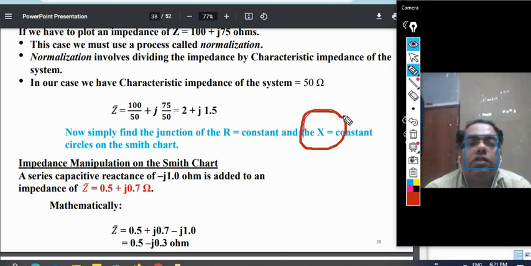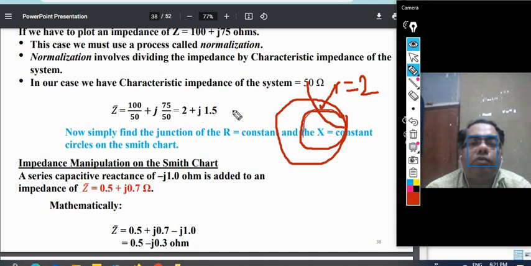You have to take this circle. We have different circles. You have to consider r as 2 and x as 1.5, that means this line, plus 1.5.